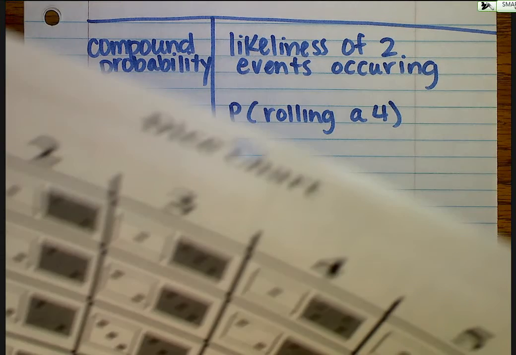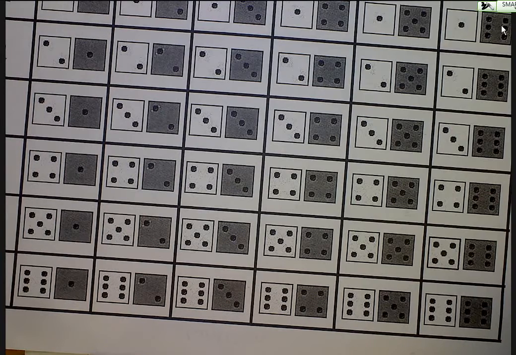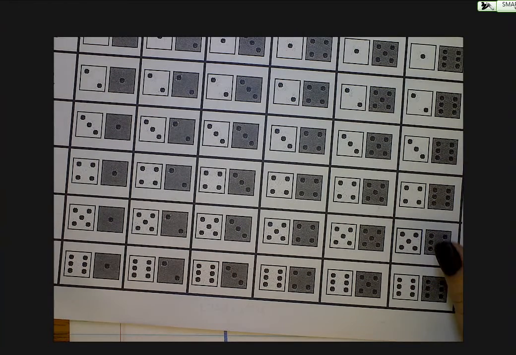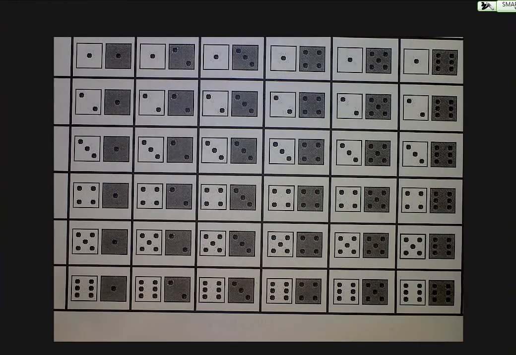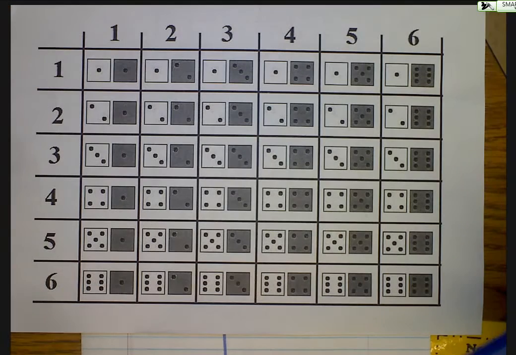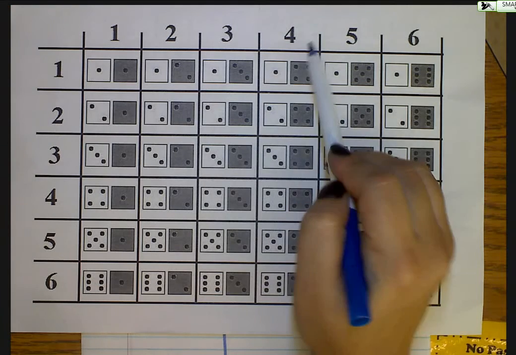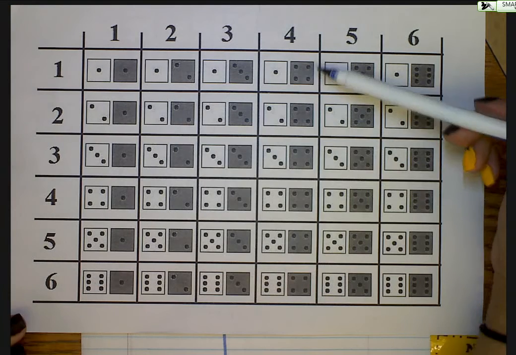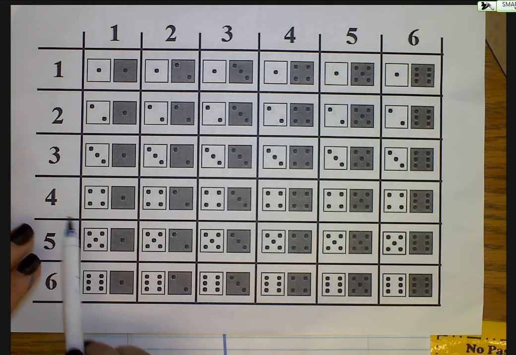In my dice chart, let's see if I can zoom out. Okay, here are my odds of rolling a 4 on the darker number cube, and here are my odds of rolling a 4 on the lighter number cube.